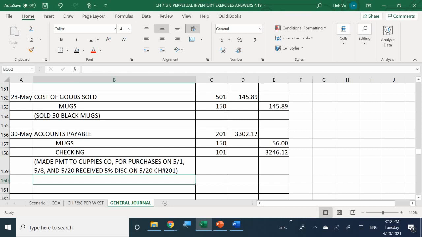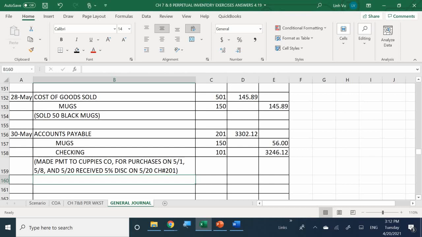So in this case, I recognize that I paid the whole entire purchases on the 1st, the 8th, and the 20th. And I received a 5% discount on the purchases on May 20th, and I used one single check number 201. Okay?